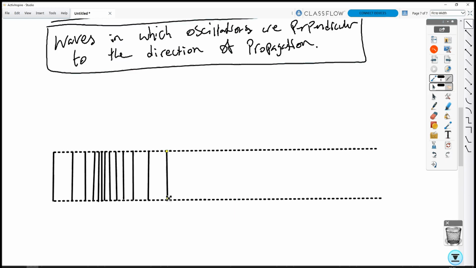So what you can start to see is there are parts of the wave where the lines are far apart from each other. These are called rarefactions. And there are parts of this wave where these lines are closer together. These are called compressions. So I'm just going to continue to draw these lines.